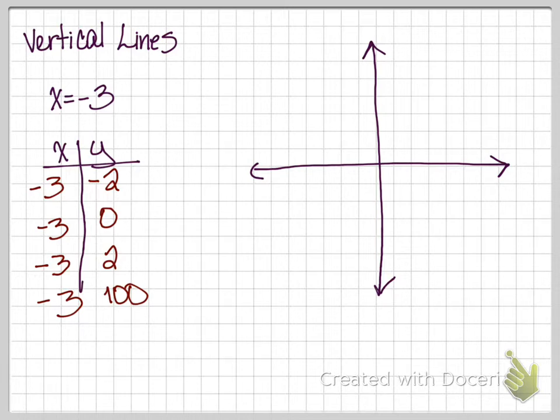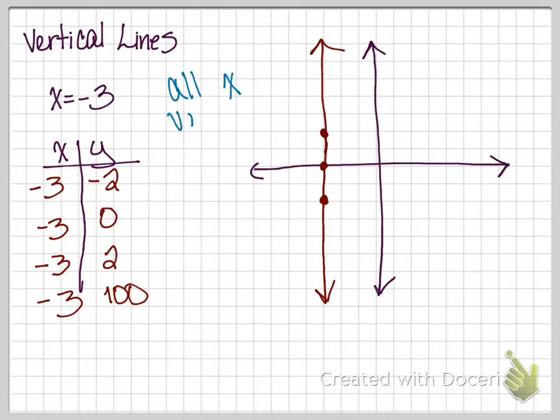So I've got negative 3, negative 2. I have negative 3, 0. I have negative 3, positive 2. And I've got negative 3, 100, which I can't draw on this graph. So for this one, all x values are negative 3.